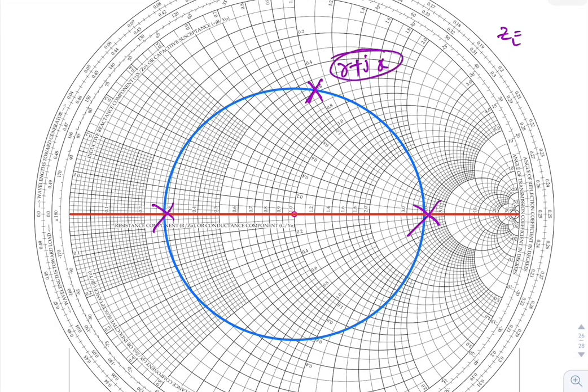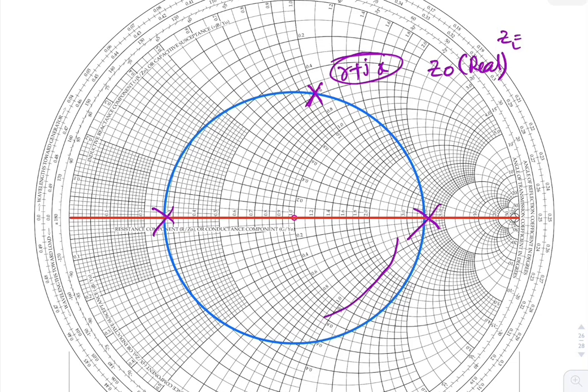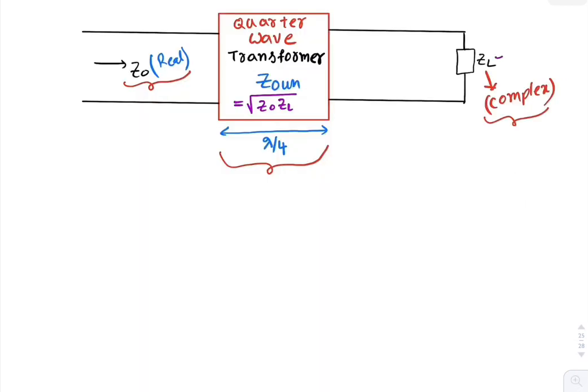And now I have to match this with the characteristic impedance of Z0, which is real. In the previous case, if you move a distance of lambda by 4 on the transmission line, you are going to get the normalized impedance of the transmission line, again a real value. Now this is the scenario for us: ZL is complex and Z0 is real.